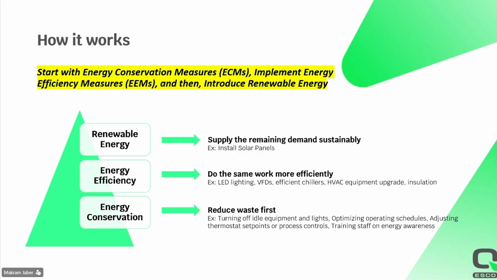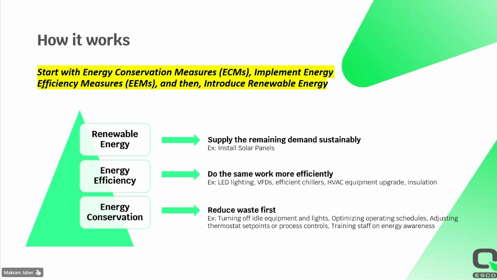For example, sometimes you keep the AC on while the room is not occupied. This energy is lost for nothing, and this action does not cost too much, it's a simple action. It's related to behavior. So this is called energy conservation.